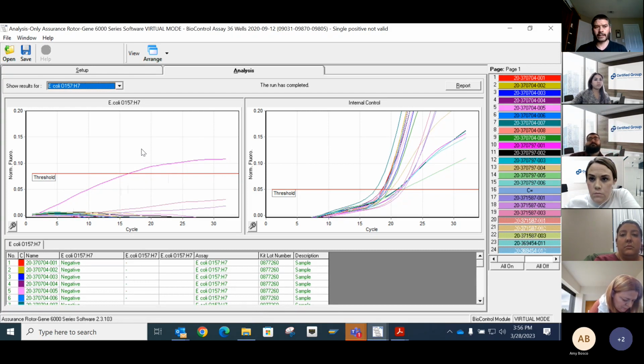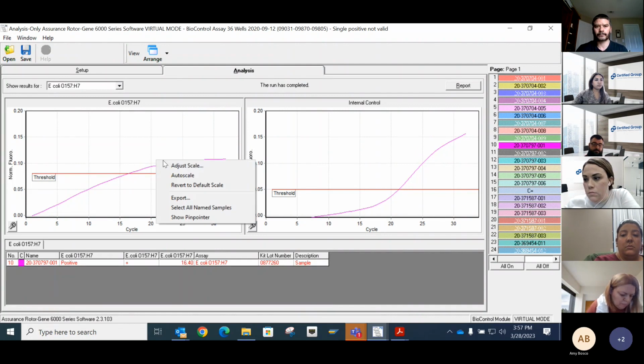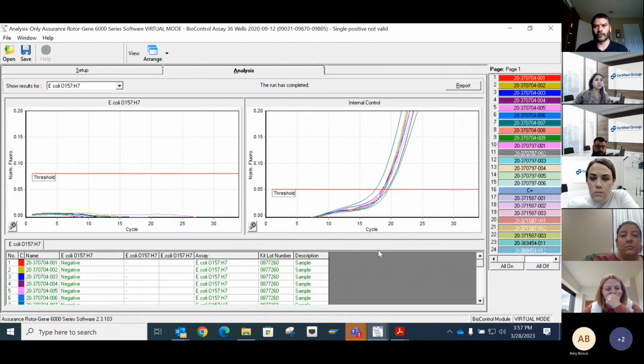So once again, this started up about 2 cycles and took it all the way to 16. So it took 14 cycles to cross the threshold, but never did increase in fluorescence. Basically a slant, not the exponential growth like you see when you have normal DNA amplification.